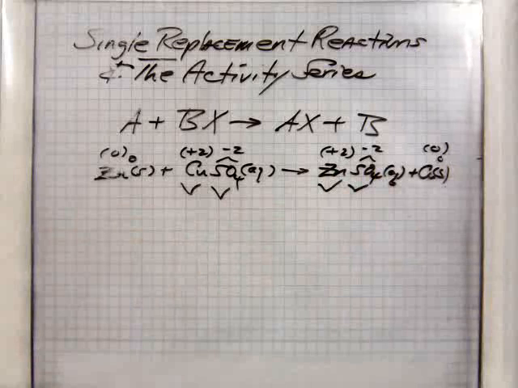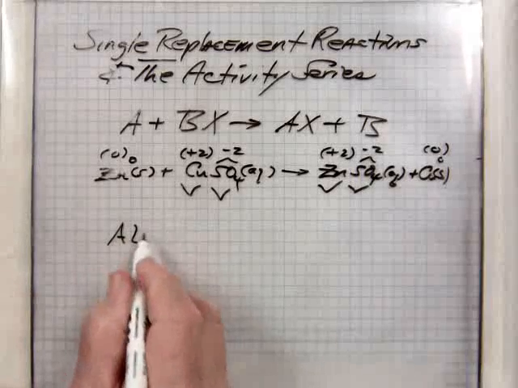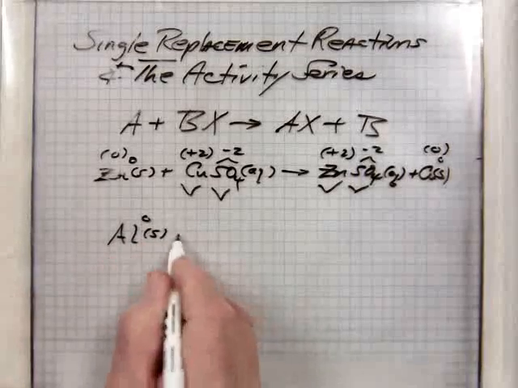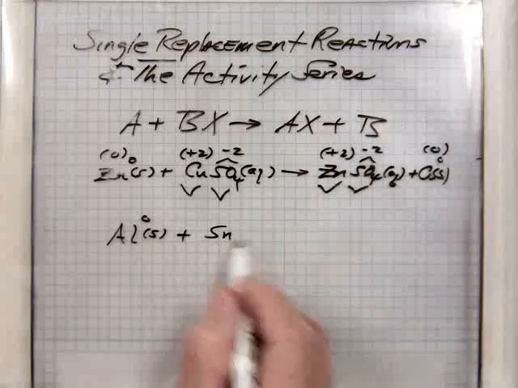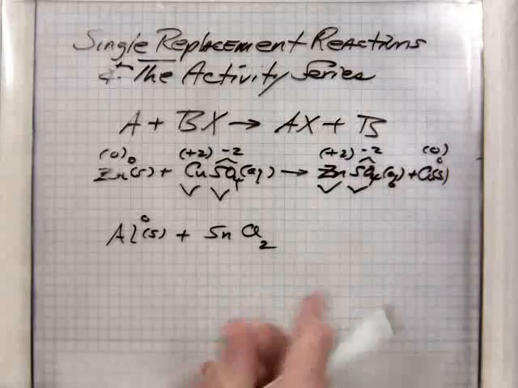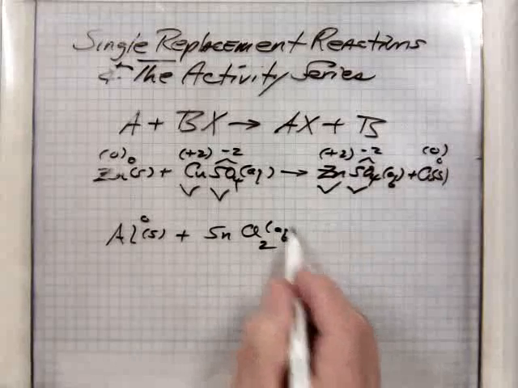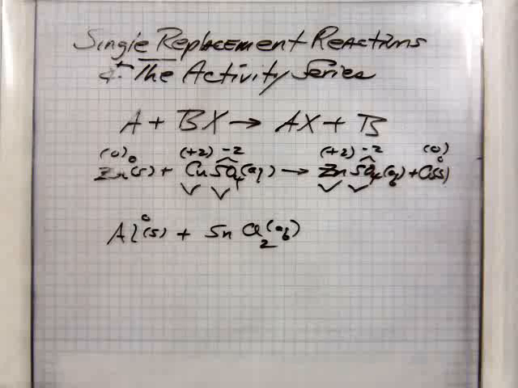Now remember how to determine oxidation states of substances in your process. If I have aluminum as a solid reacting with tin, SnCl2, for example, aqueous, you have to apply the oxidation numbers to this.